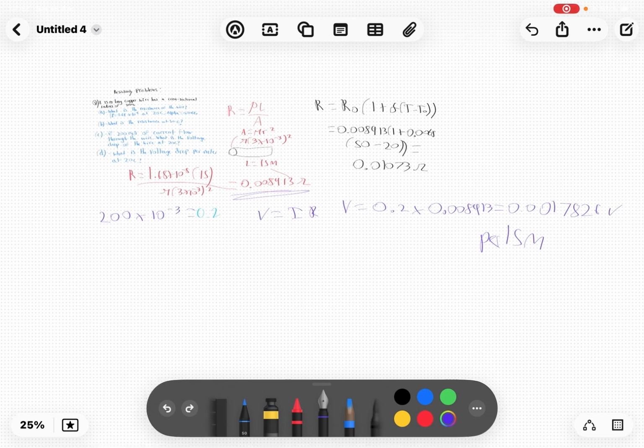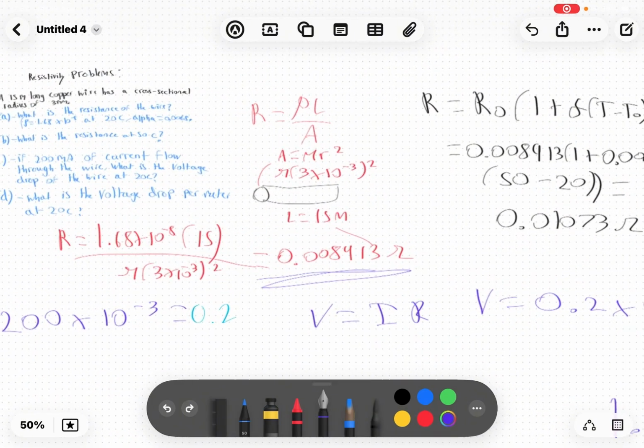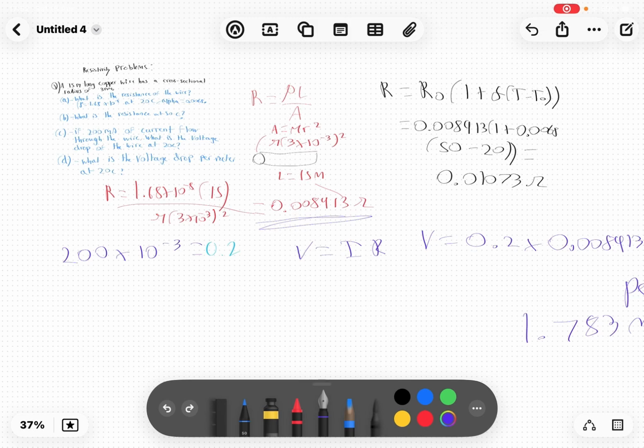Let's convert it to millivolts, so we can do 1.783 millivolts, because remember, milli equals 10 to the power minus 3, and rounding that up, that's what it gives us. Now what is the voltage drop per meter at 20 degrees?